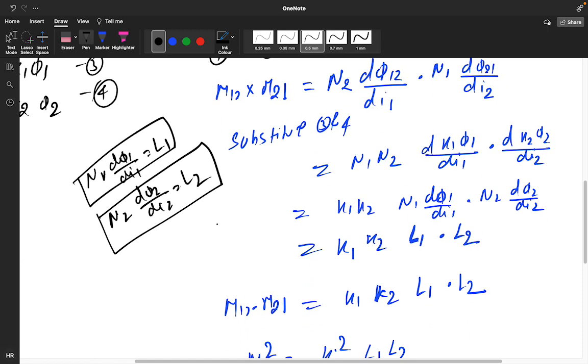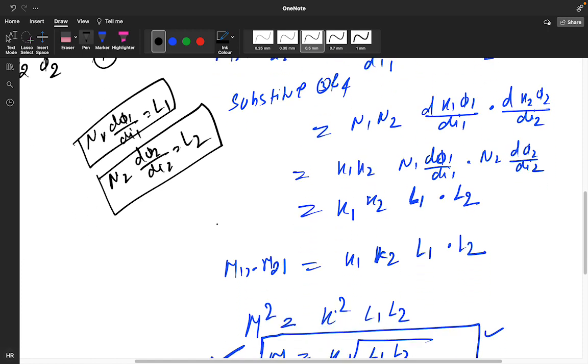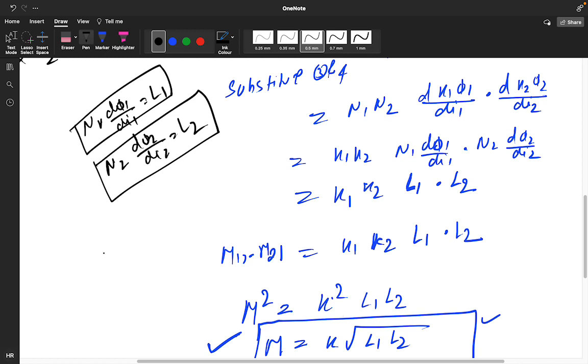And M12 and M21 will be equal. Mutual inductance of 1 to 2 and 2 to 1 is equal, and your K1 will be equal to K2.